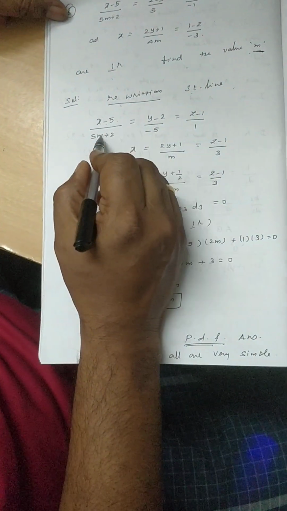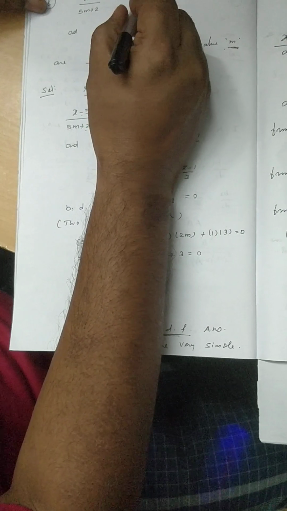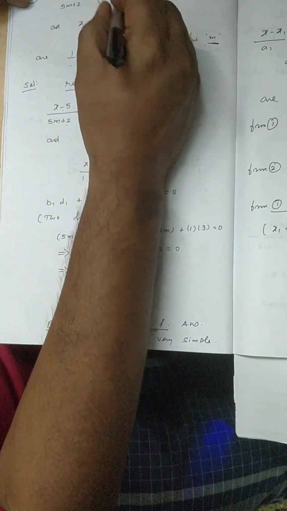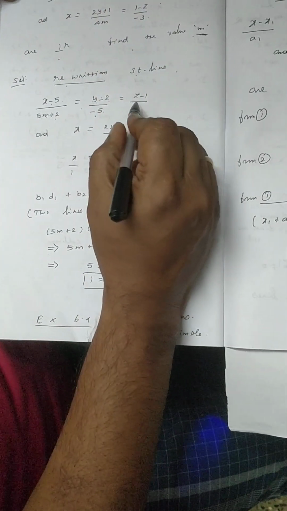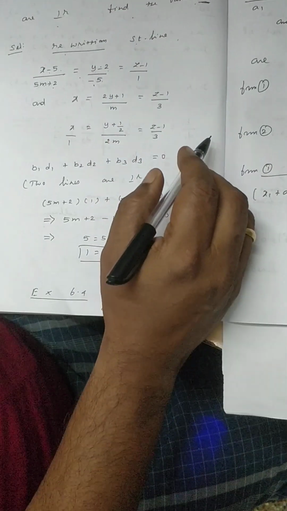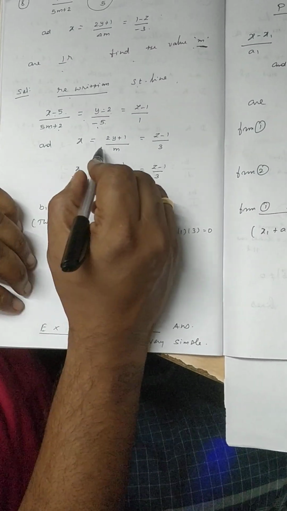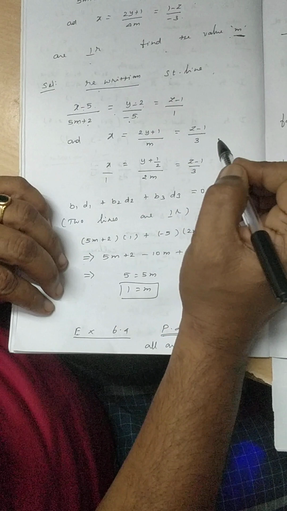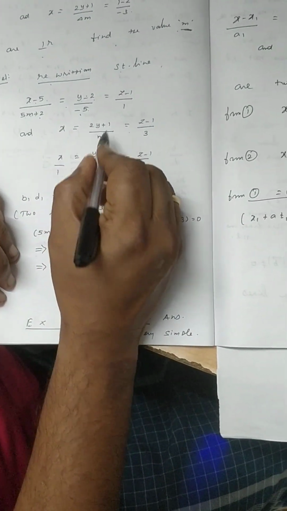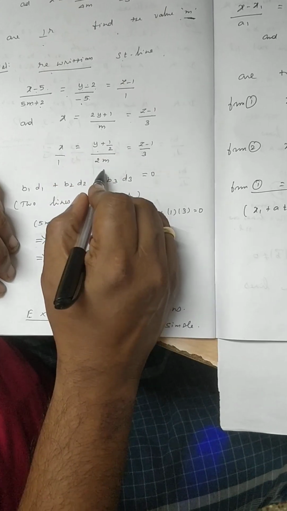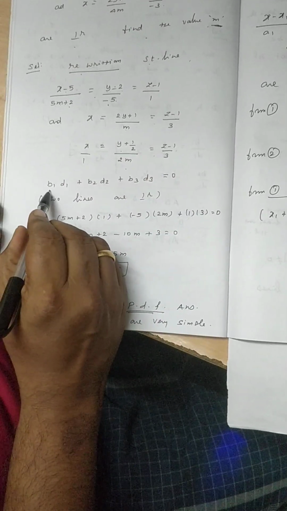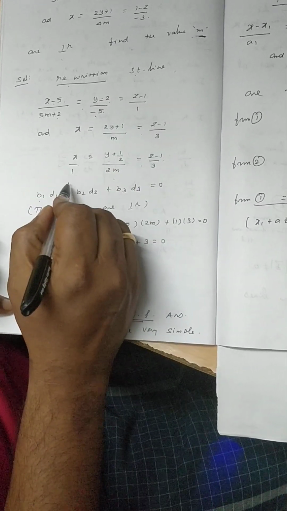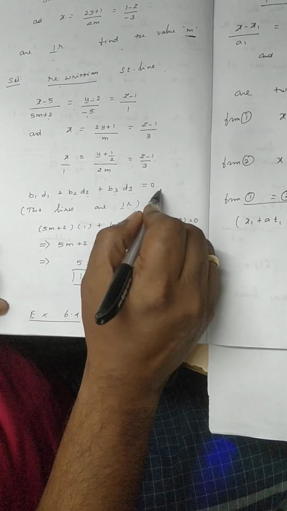The first line: (x minus 5) by (5m plus 2) equal to y minus 2 divided by minus 5, and (z minus 1) by 1 after rewriting. The next one: x by 1 equal to (y plus 1) by 2m equal to (z minus 1) by 3. Then, since the two lines are perpendicular, b1 d1 plus b2 d2 plus b3 d3 equal to 0.